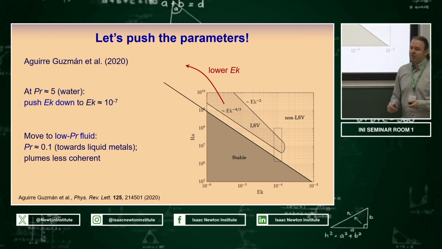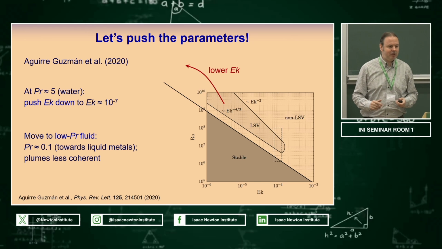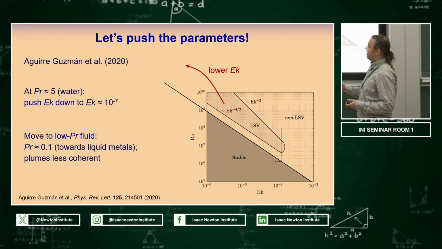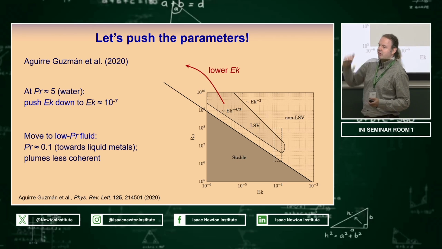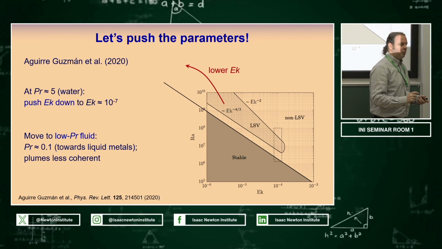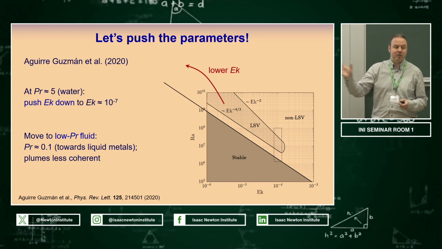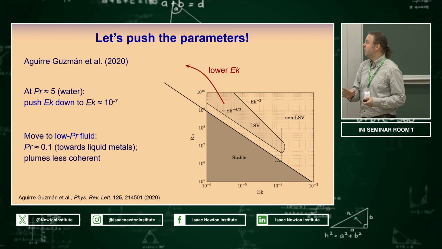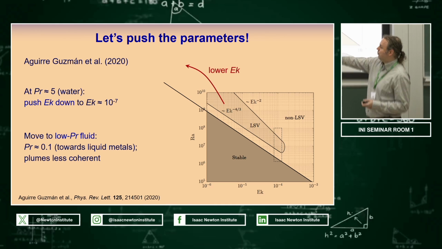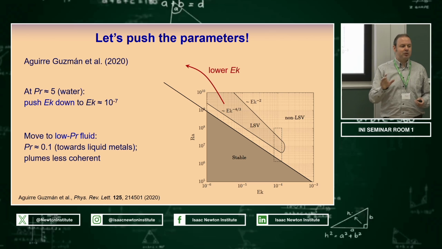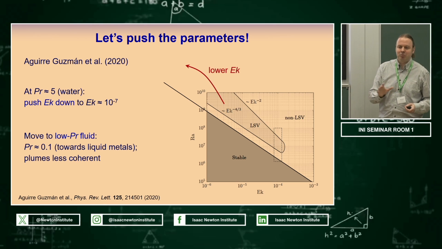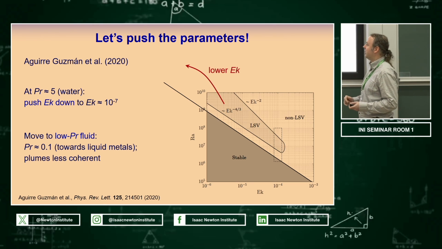Now another approach, which is maybe not immediately obvious, is that we also tried to go to a low Prandtl number fluid. Low Prandtl number fluids are also relevant in these kinds of systems. Liquid metals have a very small Prandtl number. So we decided to move to Prandtl 0.1, which is not quite in the range of liquid metals, but it's getting there, let's say.